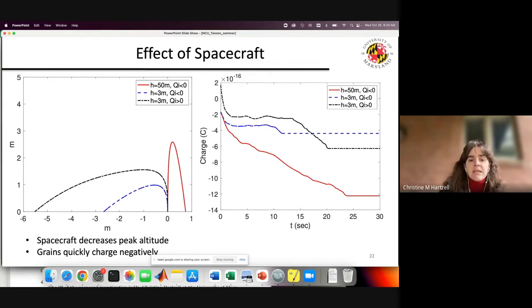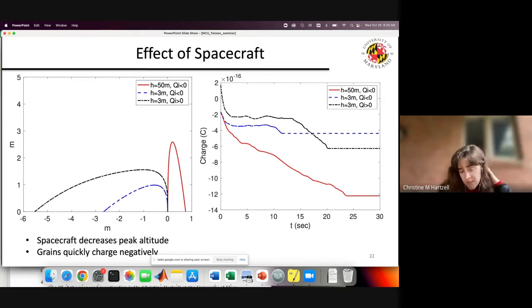We see that giving the particle an initial positive charge actually attracts the particle to the spacecraft briefly before the particle's charge goes negative, right? So the particle is initially positive, and then quickly becomes negative. So that initial positive charge that at first attracts the particle to the spacecraft kind of gives it an additional kick that causes it to travel much further before re-impacting.